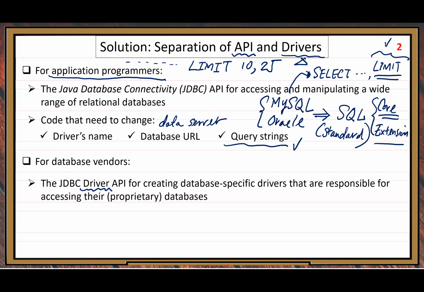They don't want to expose their proprietary details to the outside world, to keep their business secret. They just use the Java-provided JDBC Driver API. That API is the same for all vendors. All vendors get the same set of API interfaces, then you just write the implementation code.